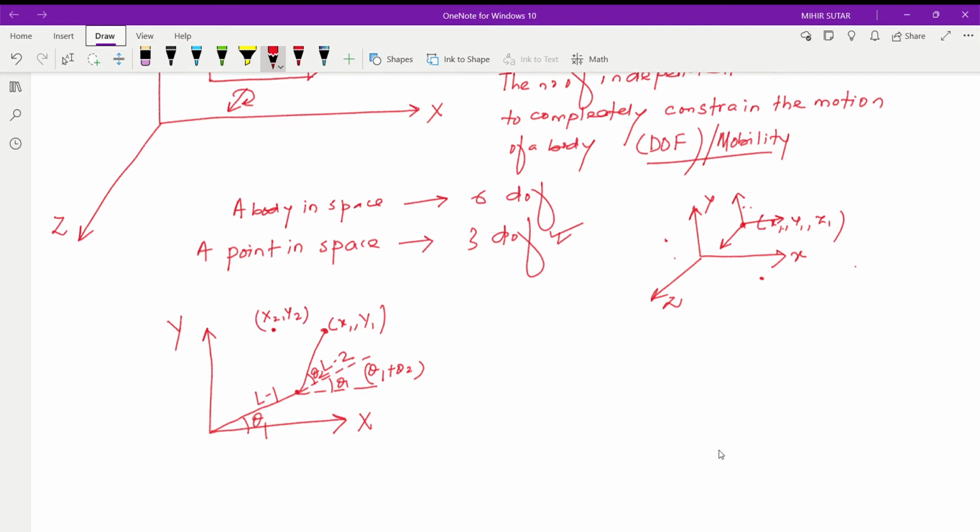If we restrict these two variables theta 1 and theta 2 completely, then the tip cannot move to this new position. Its motion is completely restricted. So its degrees of freedom is 2 in the planar case.